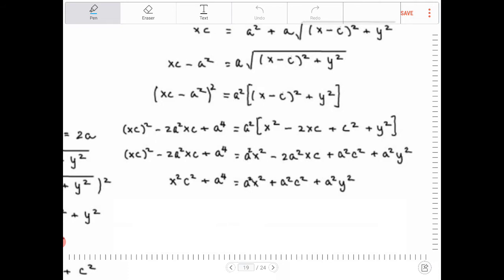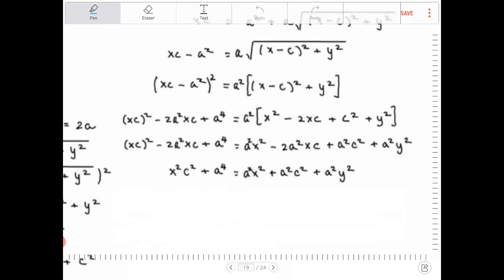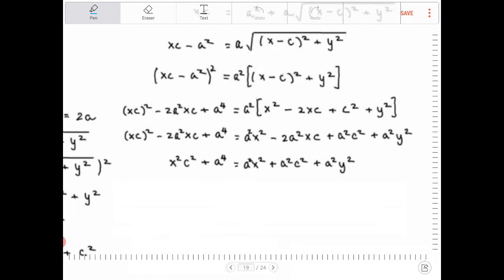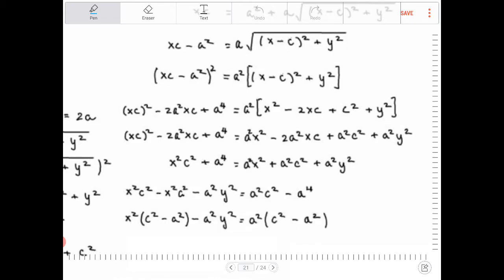And very similar to the derivation of the equation for an ellipse, I'm going to bring over everything that has a variable and then bring over everything else that does not. So I brought all the constants to the right and all the terms with the variable to the left.